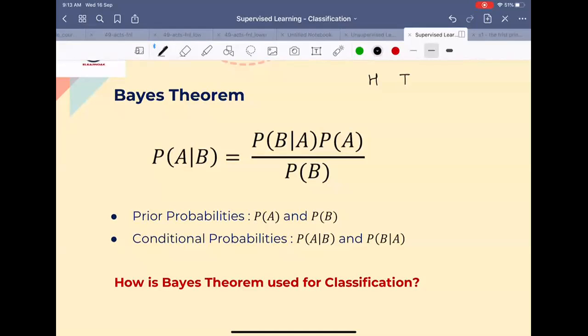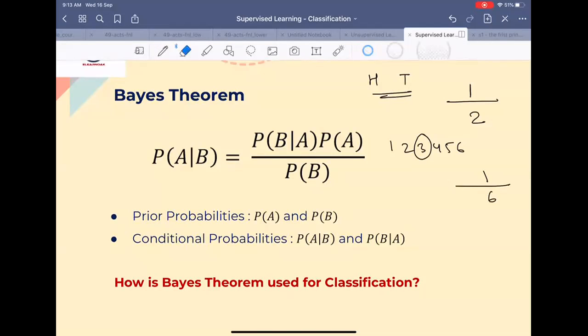Out of the two options, my favorable option is 1, so I put that in the numerator. My possible options are 2, so I put that in the denominator, and I get a probability of 1 by 2. When I ask the question, what is the probability of getting a 3 when you roll a dice, my possible options are 1, 2, 3, 4, 5, 6. My favorable option is 3. So number of favorable options divided by number of possible options becomes 1 by 6.